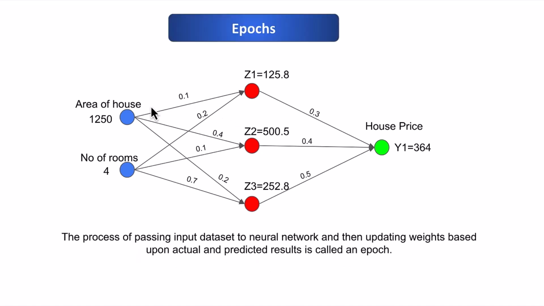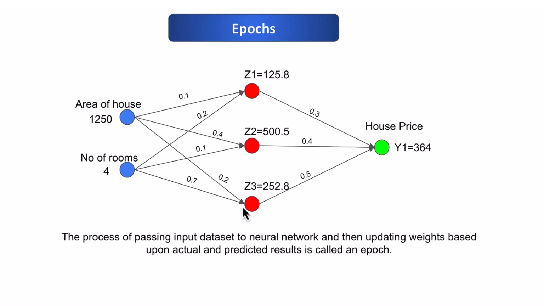And once we pass all training data to our neural network, and then based upon the predicted and actual value we update these weights, we say that we have completed an epoch. So an epoch is actually the process of passing input data to neural network and then updating weights based upon actual and predicted results. Or you can also say that one cycle of feed forwarding and backpropagation is called an epoch.